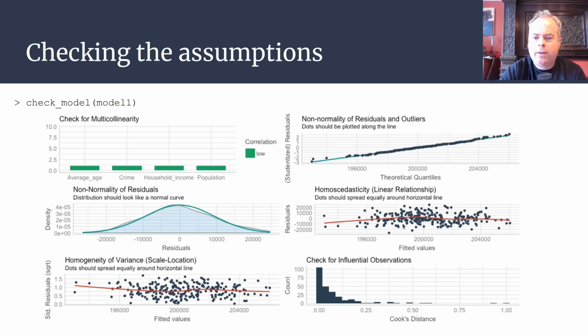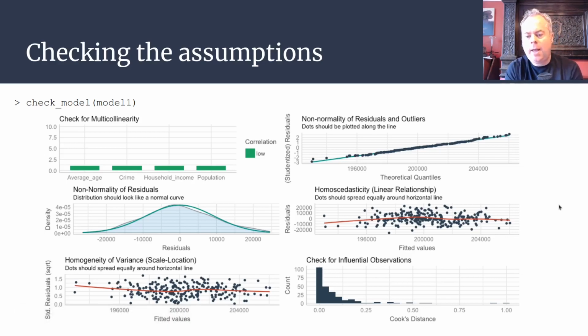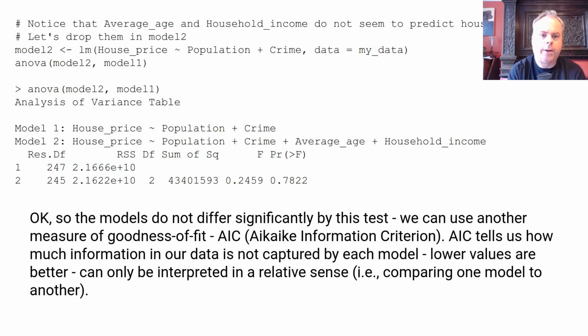We've got data spread roughly equally around this horizontal line, so we've got this assumption met as well. In terms of homogeneity of variance, again, we've got dots spread relatively equally around the horizontal line. Influential cases, well, there's one case out here, but it doesn't look too worrisome, so I'm not going to lose sleep over that. So our assumptions seem pretty nicely met with respect to these sorts of diagnostic tests that we've carried out.